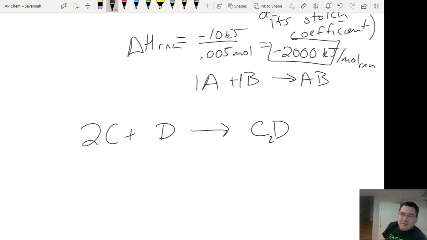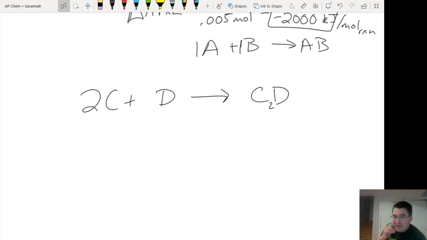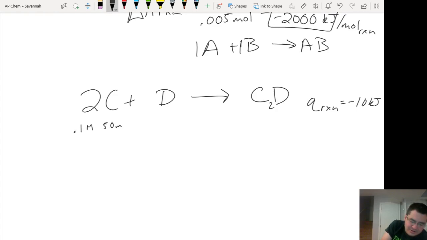Okay. Yeah. Now, if it was something like this, let's say you did the same calorimetry, except this time the Q of reaction was negative 10 kilojoules again. And let's say this time we reacted 0.1 molar, 50 milliliters, and this time 1 molar, 100 milliliters.